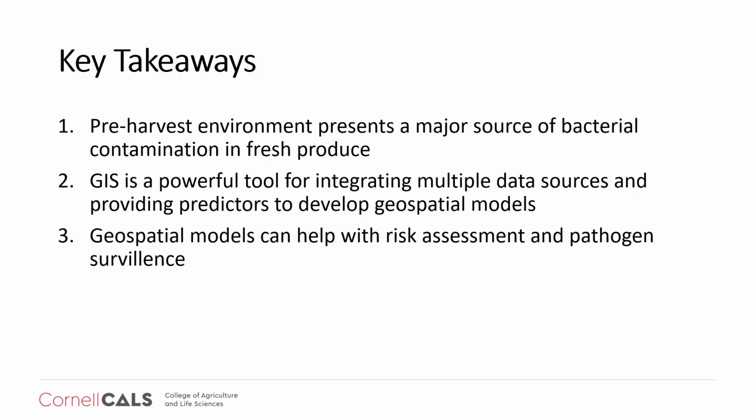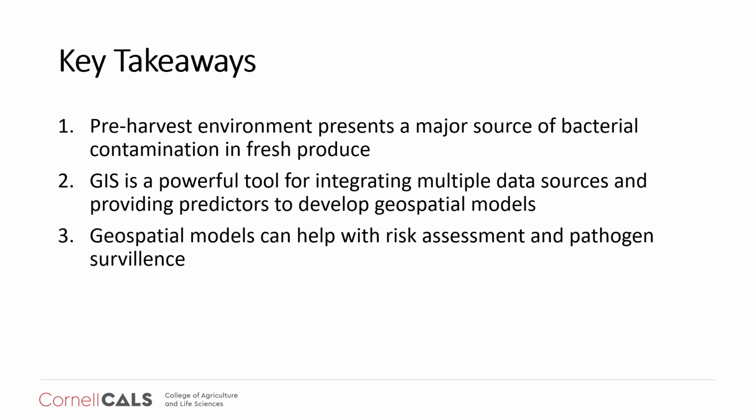That concludes the end of this lecture. So the key takeaway from this lecture is that the pre-harvest environment presents a major source of bacterial contamination in fresh produce. GIS is a powerful tool that can be used to integrate multiple data sources and provide predictors to develop GIS spatial models.